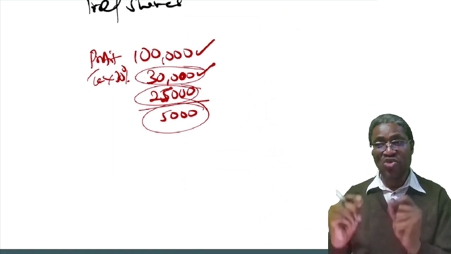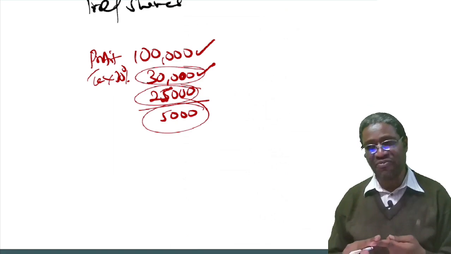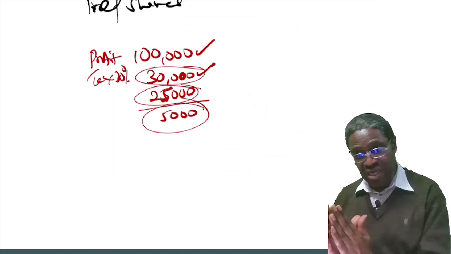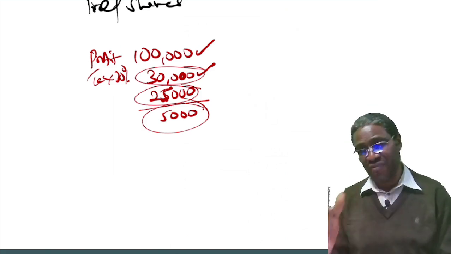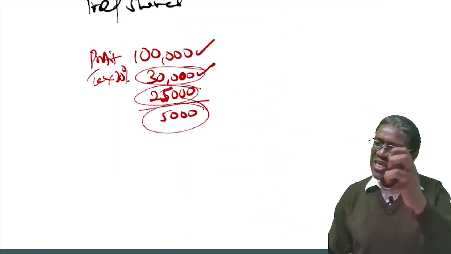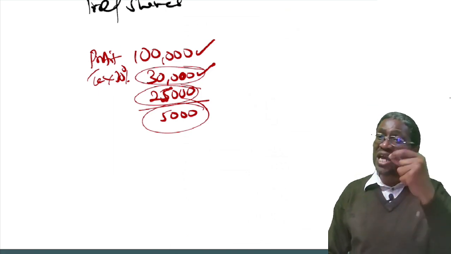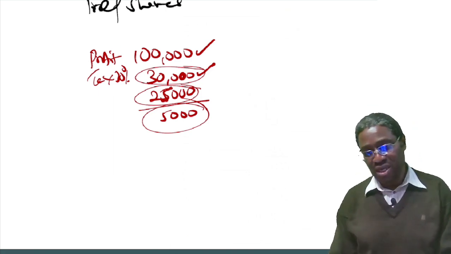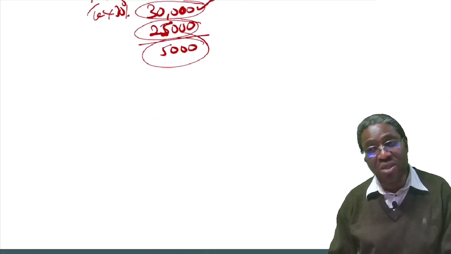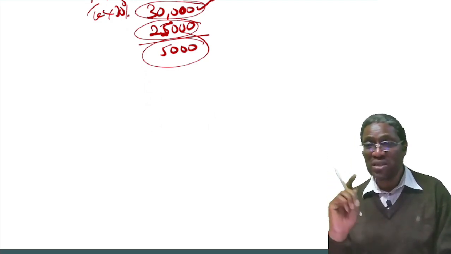So what do you do as a businessman? You will be required to defer paying that 5,000 until a later date. In other words, create a liability in your books now to be paid in the future. You will transfer that 5,000 to an account we shall be calling deferred tax.